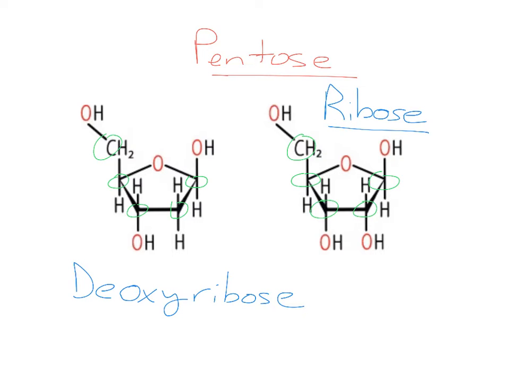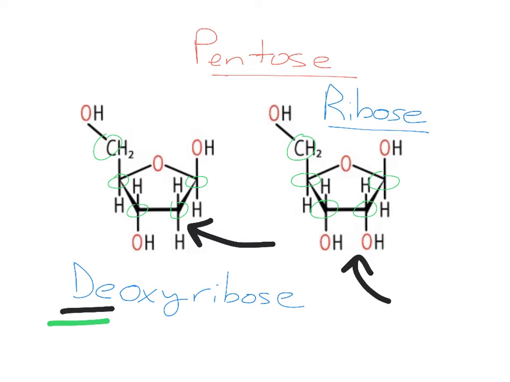Well, hopefully you notice that at this position, this ribose sugar has an oxygen, where at this position, this pentose does not. So this is a deoxyribose, de meaning not, right?